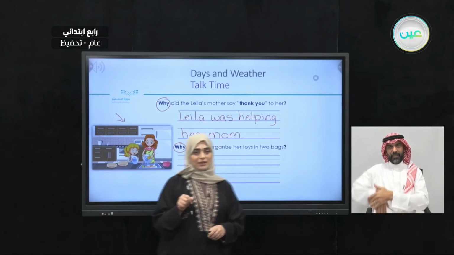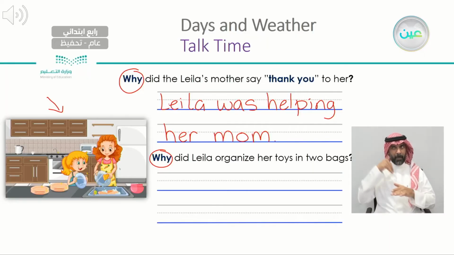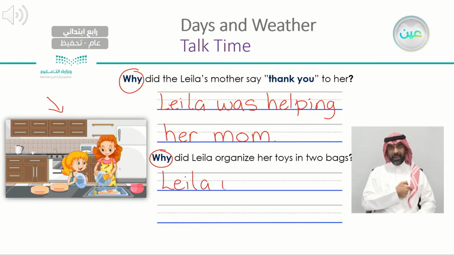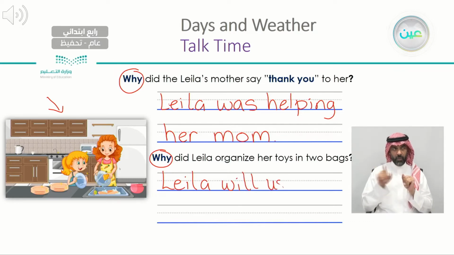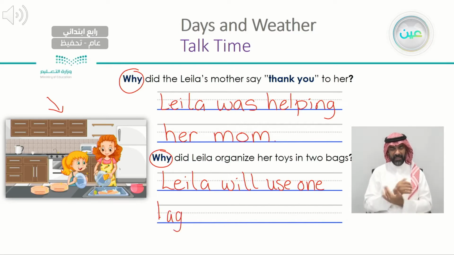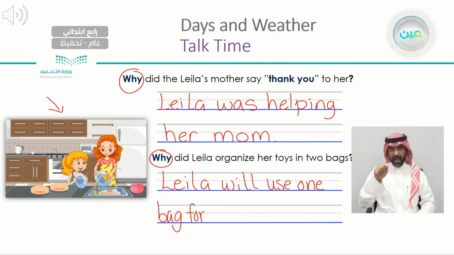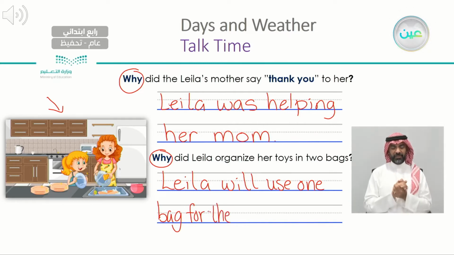What sentence can we write? Let's look at this one more time. Why did Layla organize her toys in 2 bags? We can say Layla will use 1 bag for the dollhouse, right? 1 bag for the dollhouse.